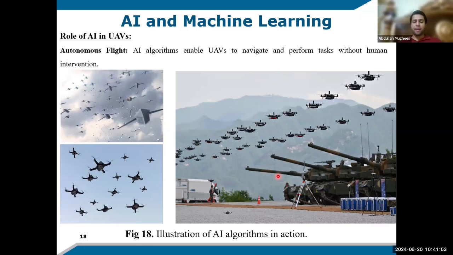So that's a bit complex to drive all these drones. If you increase the capacity, you need something autonomous and intelligent enough so all of these combined can do a task without interrupting each other's performance. So here AI and machine learning play a vital role. For example, we have swarms of drones where we use intelligent algorithms, and we tell them, all of you combined have to do this task.